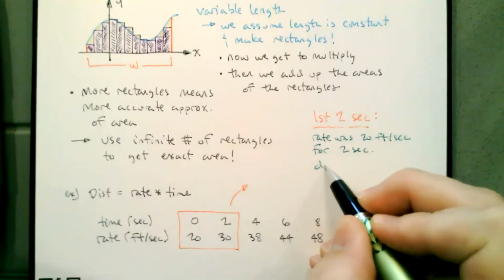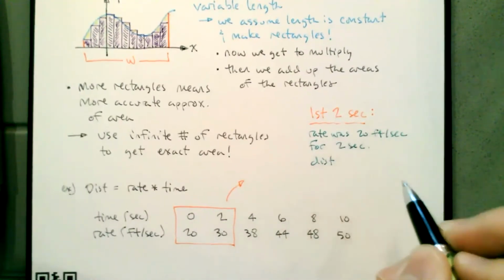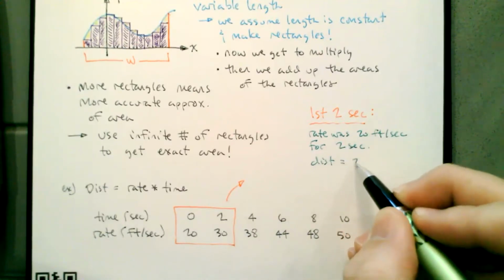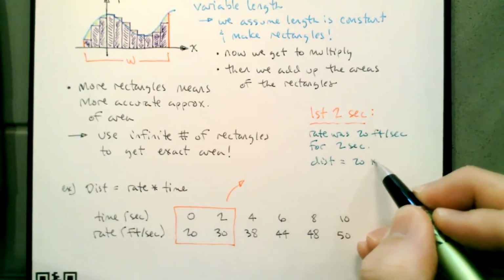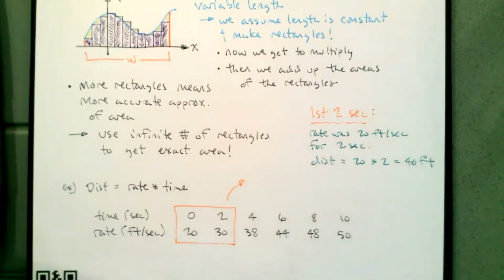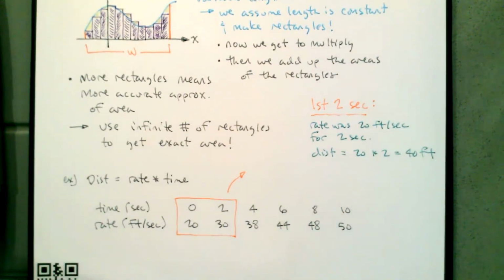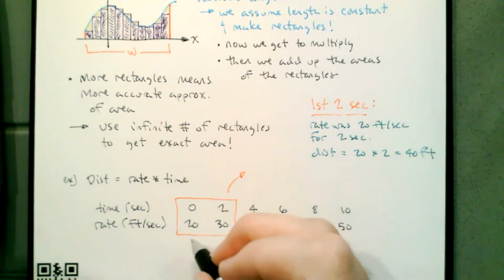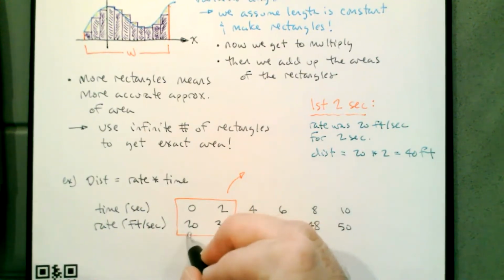So the distance in that first 2 seconds is rate 20 times time 2, or 40 feet. So this is going to give us a lower estimate.